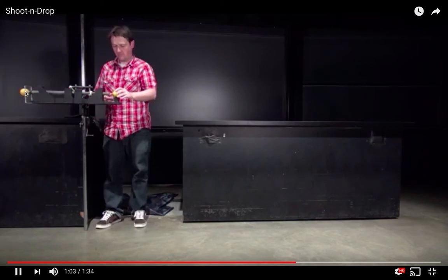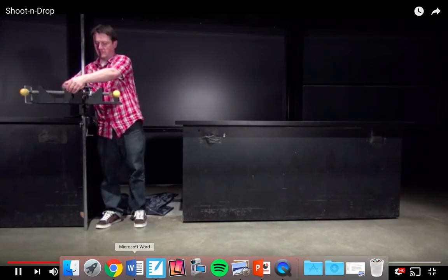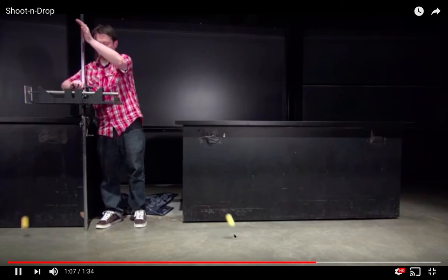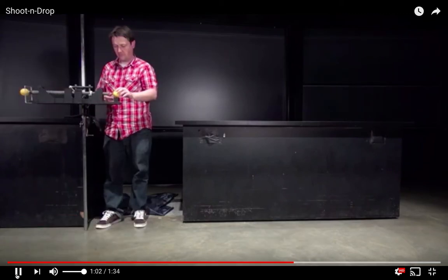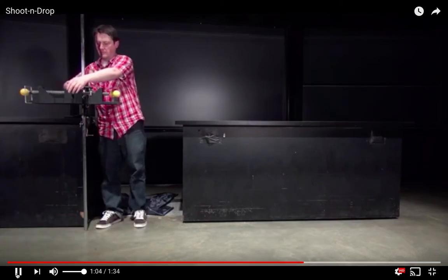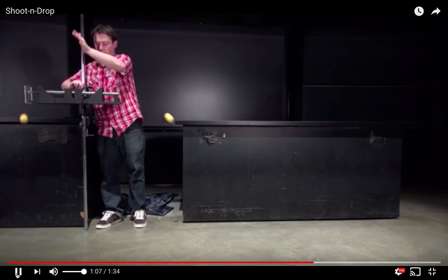So this ball here will be dropped, this one will be pushed. Let's see that one more time. And if I pause it when the balls are falling, you'll notice they're at the same height.